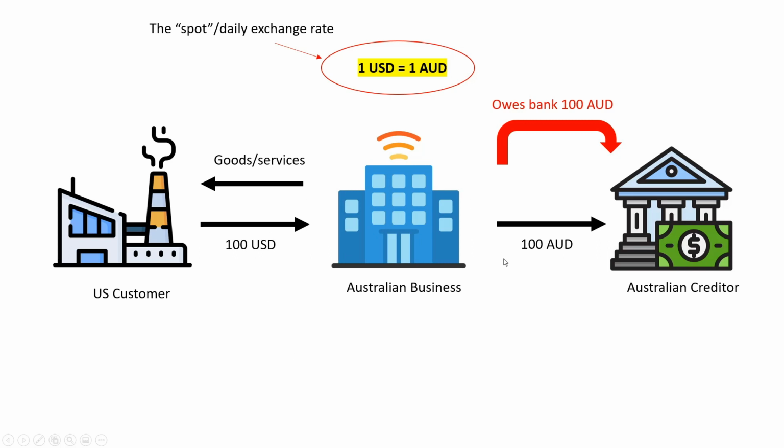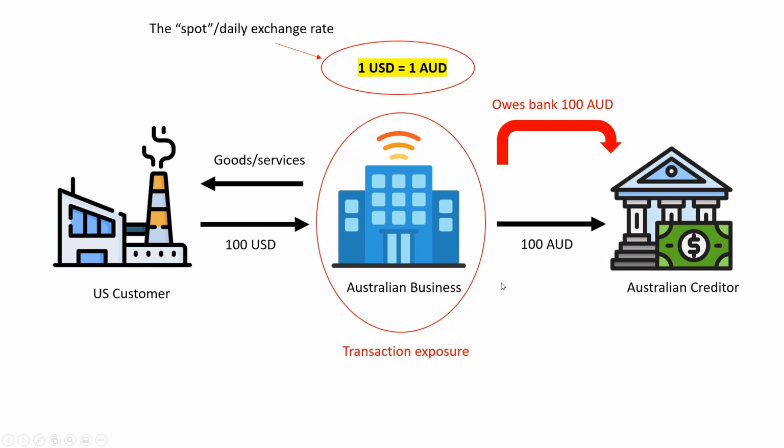Because you are required to exchange that USD into AUD, you suffer from what is called transaction exposure. So the exposure is simply the fact that you have to engage in a foreign exchange transaction every time you sell to the customer. And that is risky.